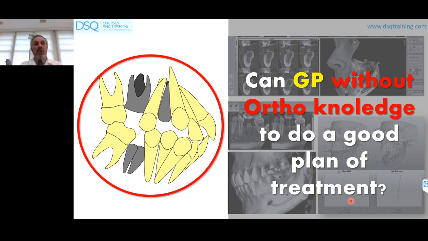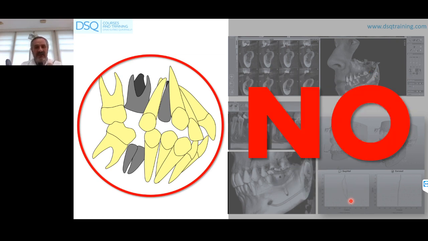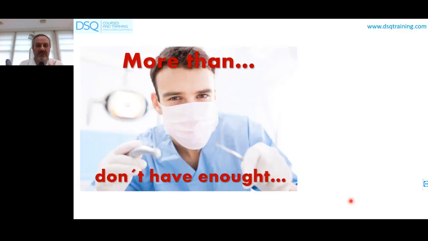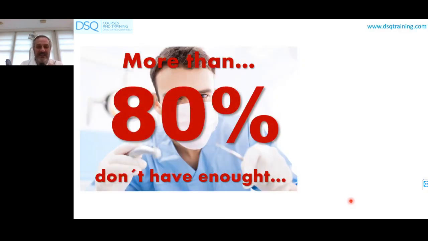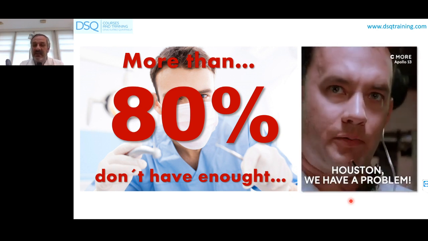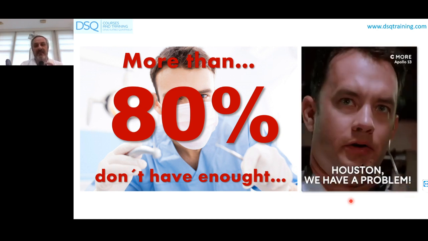In my opinion, only in my opinion, the answer is no, it is not possible. More than 80% of the GPs, of the dentists, don't have enough orthodontic knowledge. For this reason, Houston, we have a problem.